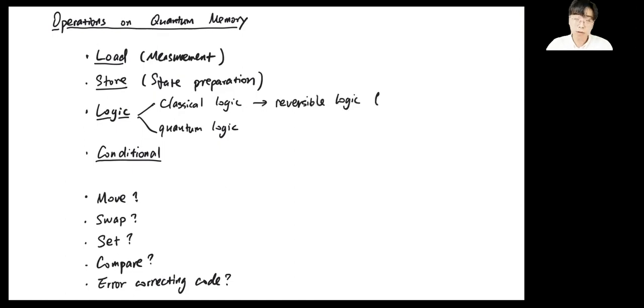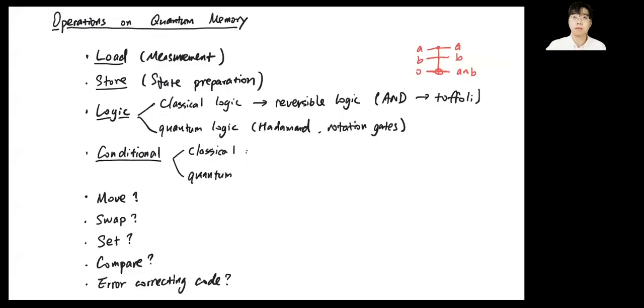For example, the operation of AND gate will be transformed to its reversible version. Next are conditionals, where in the classical case, it's just our good old conditional branch instructions, where if some condition matches, then the instruction is executed.